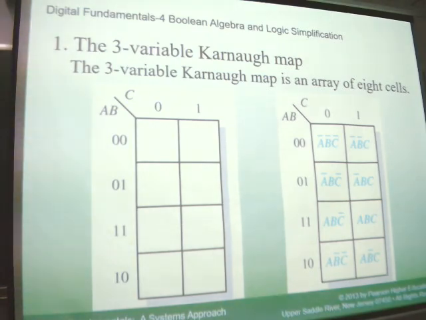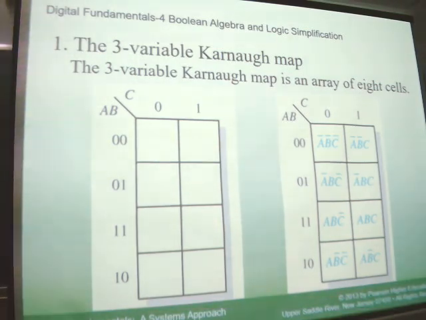Sir, I don't do like this. I do AB and BC. Most is okay. But in general, we make the order A, B, C, D. I know, sir, but this is okay.